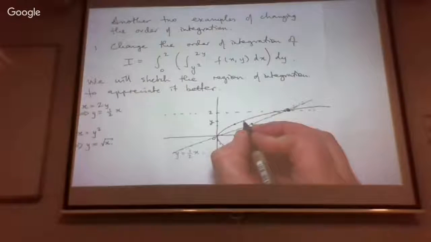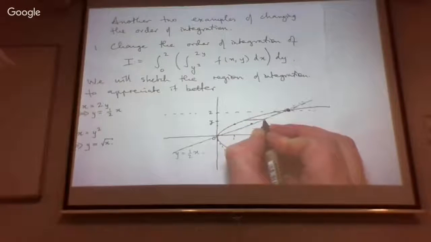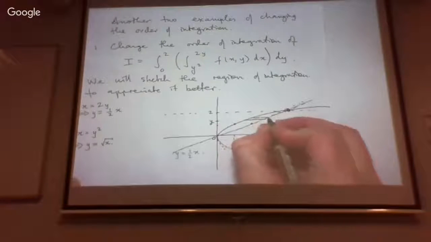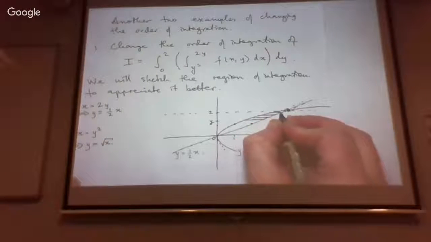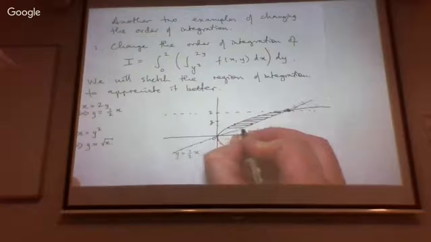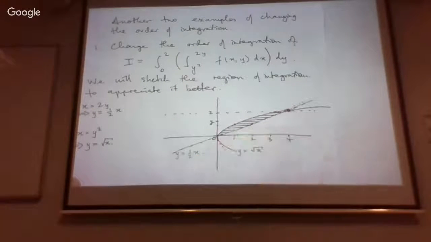In other words, the x integral begins on the curve x equals y squared, and goes until it hits the line x equals 2y. With various values of y, we get these various horizontal strips. When you actually draw them, you see the region being shaded in front of your eyes. So the region of integration is that shaded region.